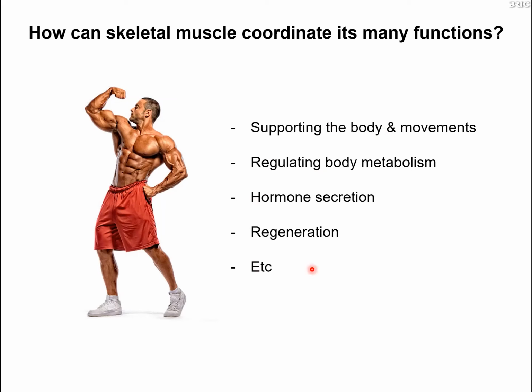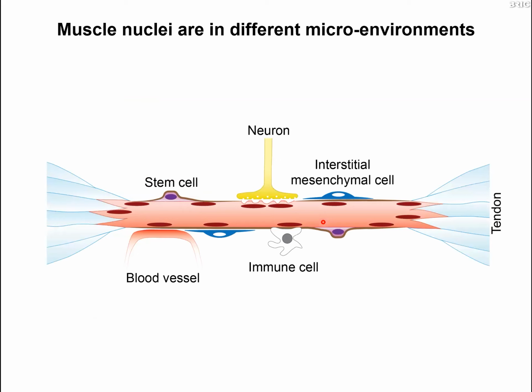Therefore, a key question regarding muscle function is to understand how these cells can coordinate so many functions at the same time. This is probably made possible by the fact that although these cells are highly multinucleated, each of their nuclei are not identical, but they are interfacing different types of microenvironment.